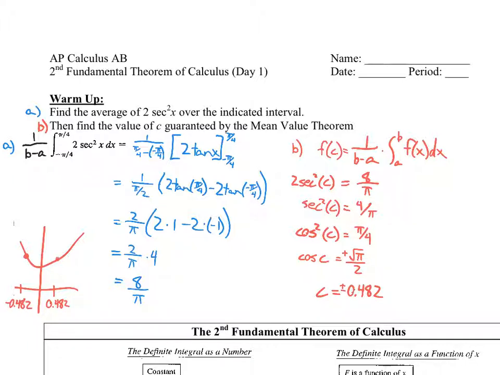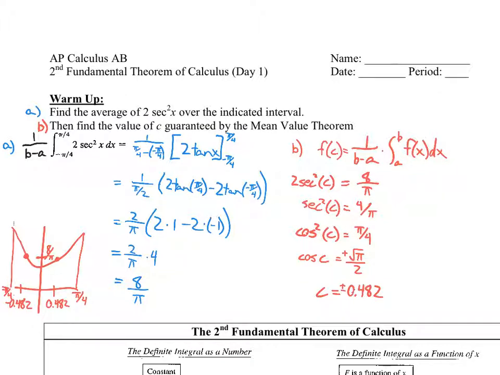These points both have a y coordinate of 8 over pi. And those are both the average value within this interval from negative pi over 4 to pi over 4.